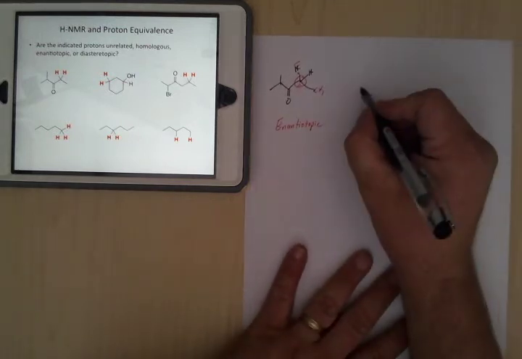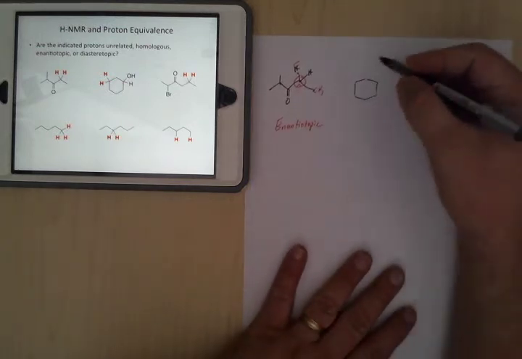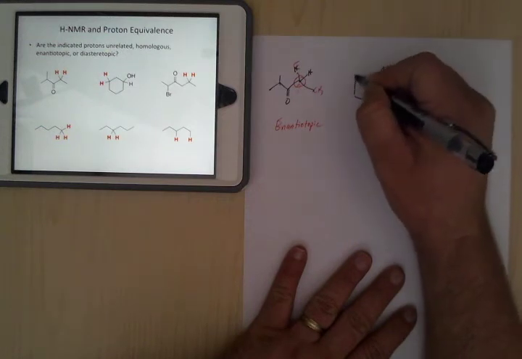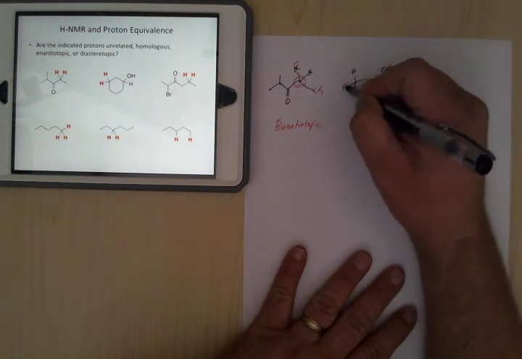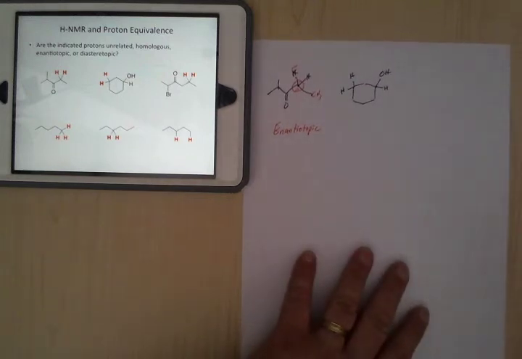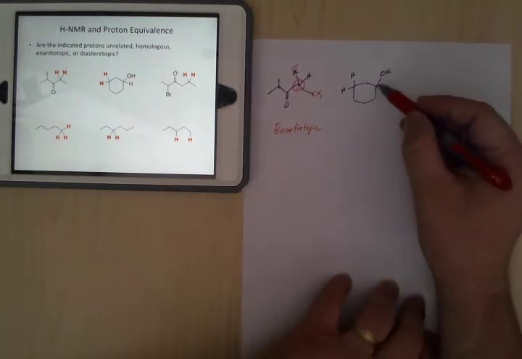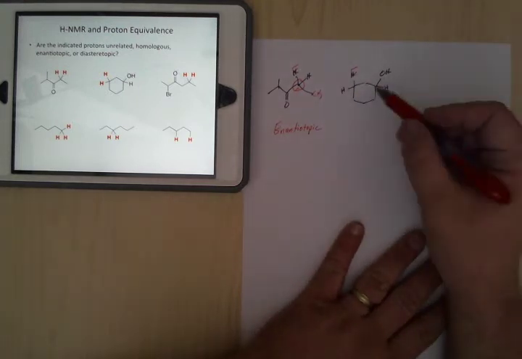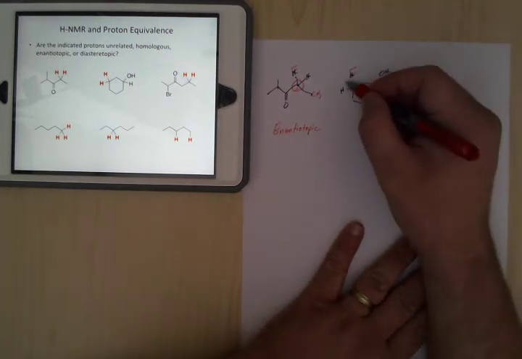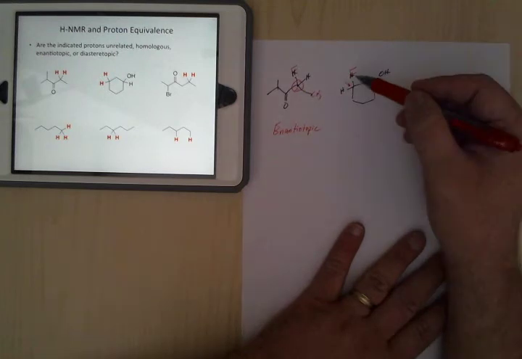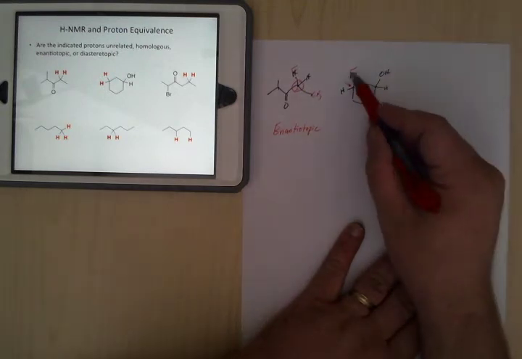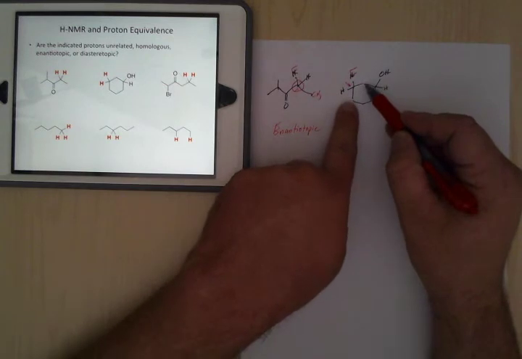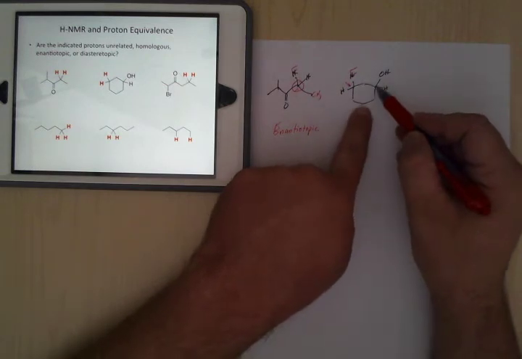So if we do this one, let's say we're going to put a fluorine there. We're interested in that carbon there. Now we have an F and an H. So CH2, CH2 right here, and then you go out. Those are the same.